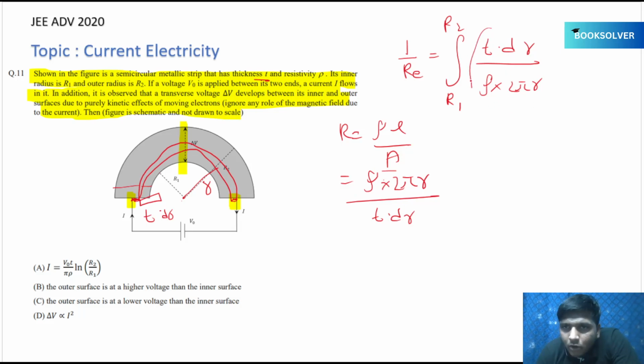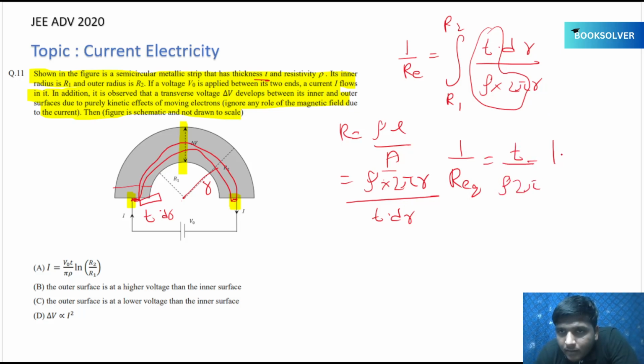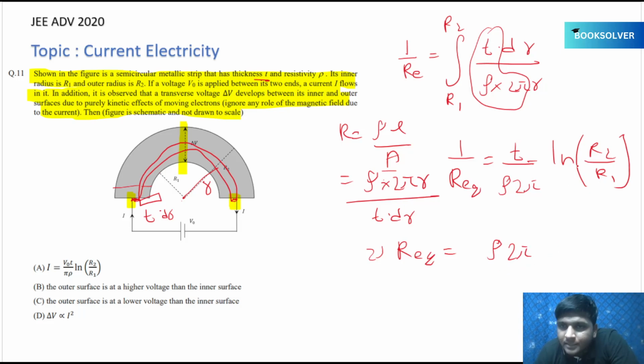Considering all other things as constant, we get 1 by r dot dr, which is ln. So 1 by R equivalent is T by rho pi ln of R2 by R1. Again, do the reciprocal, so R equivalent is rho pi, ln R2 by R1, divided by T.